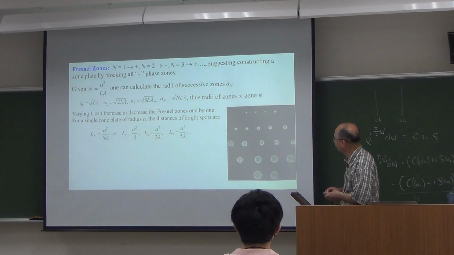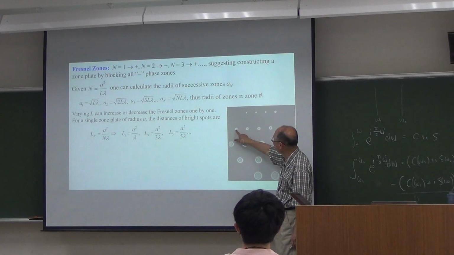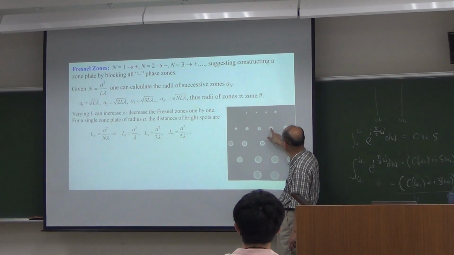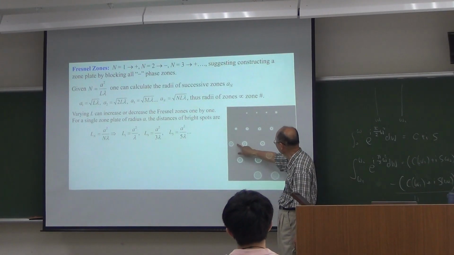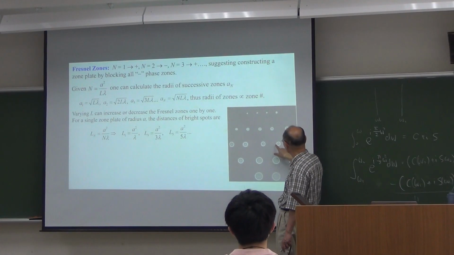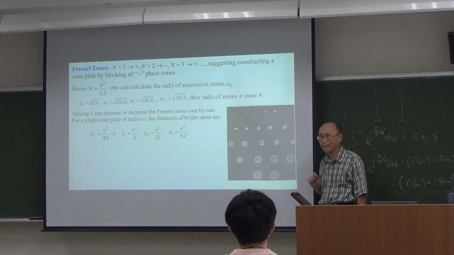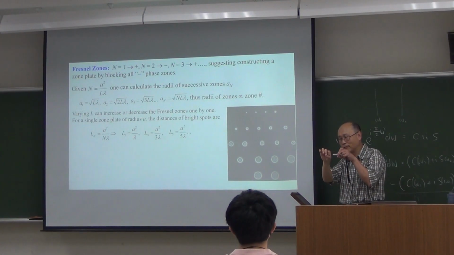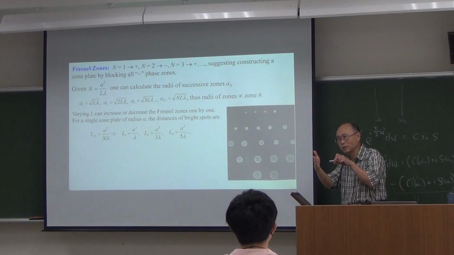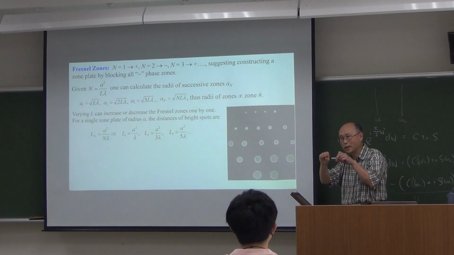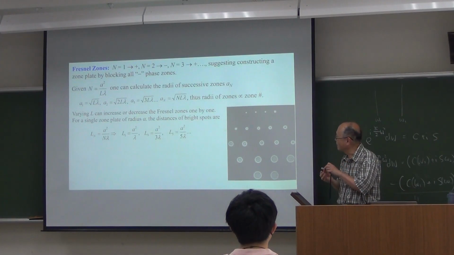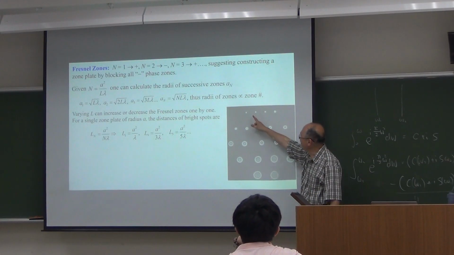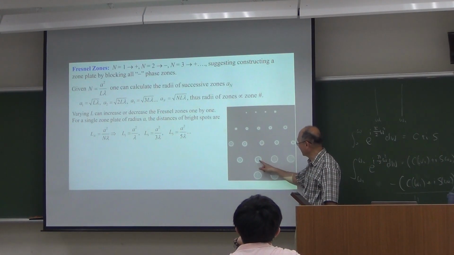You can see bright spot, dark spot, bright spot again, bright spot, and then a dark spot at the center. It's an interesting experience if you put a small aperture in front of your laser and look at your screen as you close it down. You see these bright and dark spots right at the center successively.